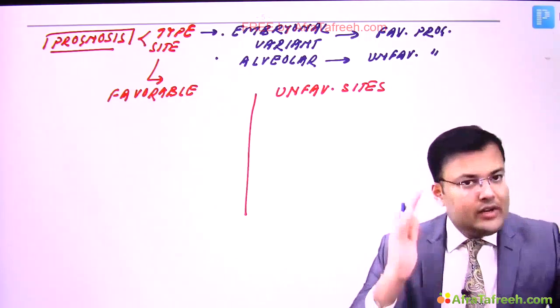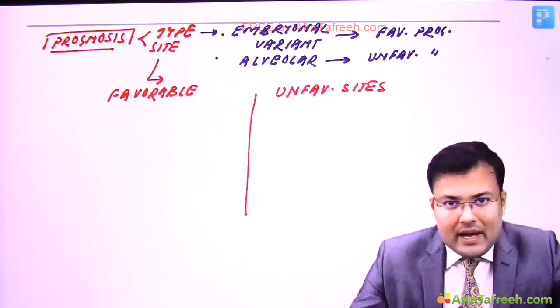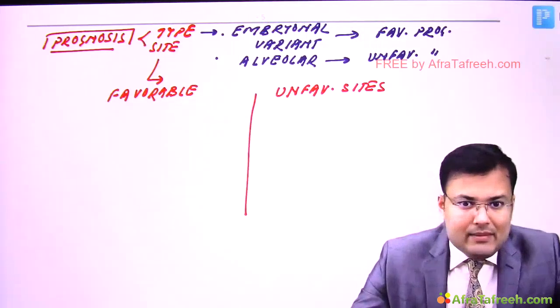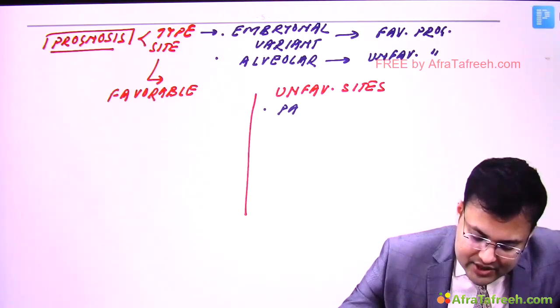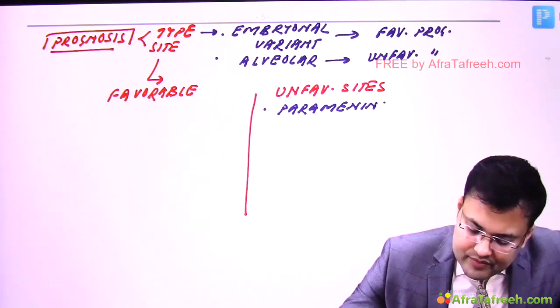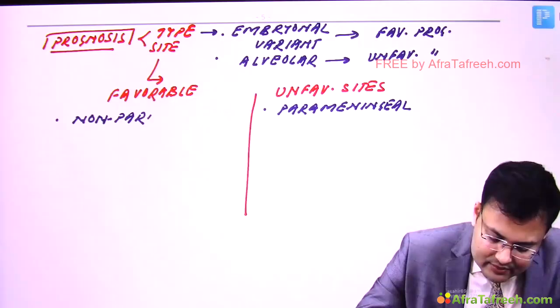Clear? So in head and neck, what is the favorable primary site? It is non-parameningeal. And what is the unfavorable primary site? It's parameningeal. So unfavorable is parameningeal and favorable is non-parameningeal in head and neck.